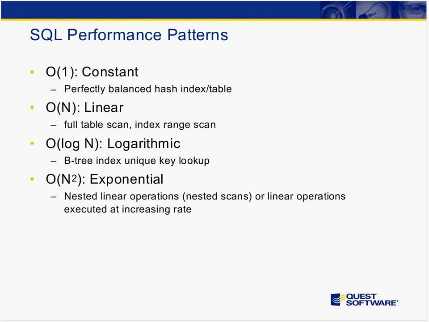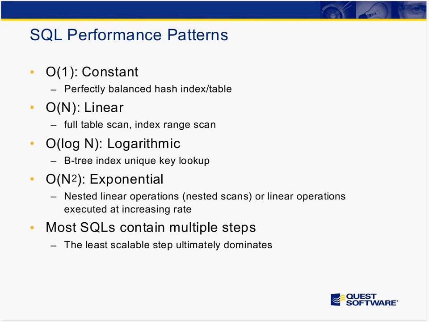Exponential represents a couple of different scenarios. Linear operations where for every row of a table you're reading another row of another table. And commonly, linear operations executed at an increasing rate. So if you have SQL that by itself has a linear relationship in its performance, but you are executing that SQL statement that much more frequently as time goes on, the result will be an exponential relationship.